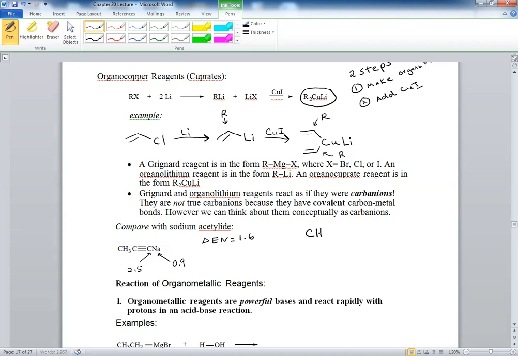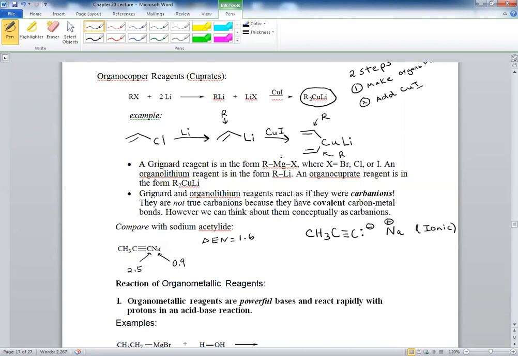So we have CH3, C, and then we have this right here, where you have the cation and the anion. So we'll say this is ionic. Now, the reason we say you can think of them as reacting this way, I'm going to show you here really quick.